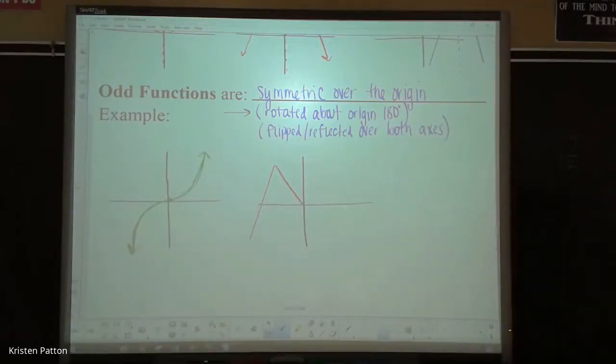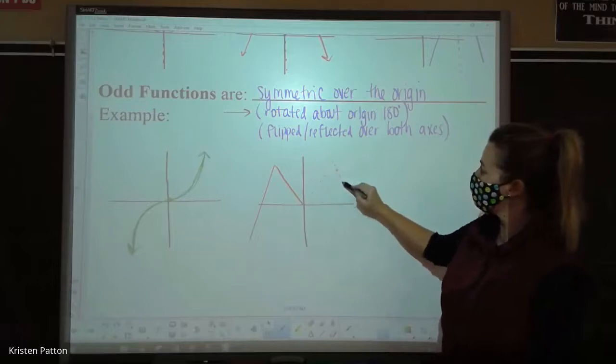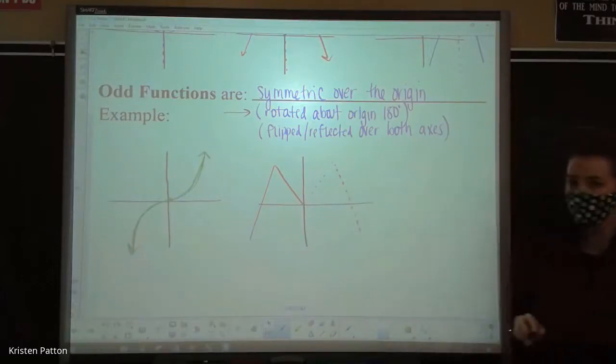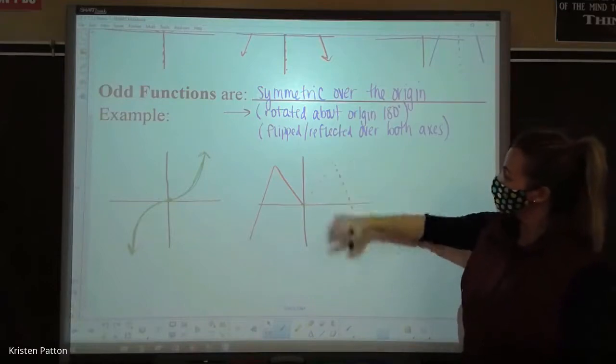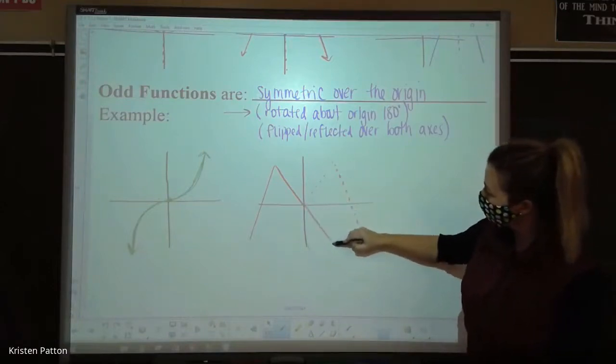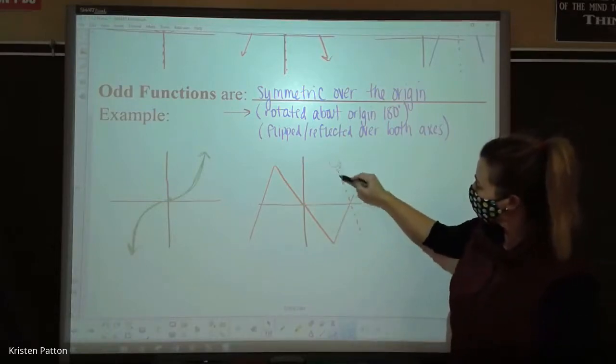If I want to turn this into an odd graph, the first thing I'm going to do is just very lightly with my pencil make it an even graph. There's that M that I talked about earlier. And then I want to flip this dashed graph over the x-axis, and so it's going to come down and then go up. And then I'll take my pencil and just erase that little helper graph that I used.